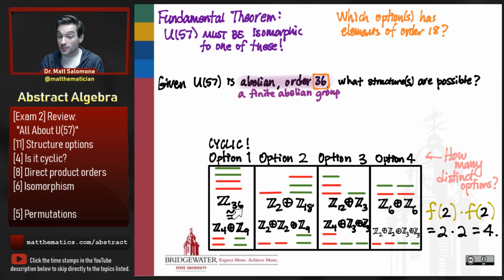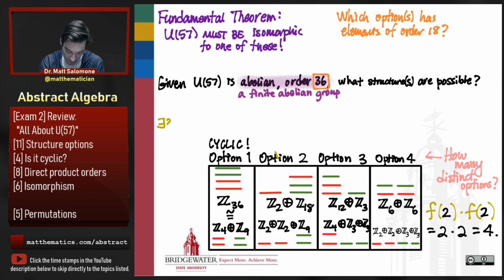It's got a generator that we can call upon. And so since this is a cyclic group, we know from the basic tenets of chapter 4 that it must have an element of order 18. In fact, just to make my life a little bit easier, let's make this into a little table.